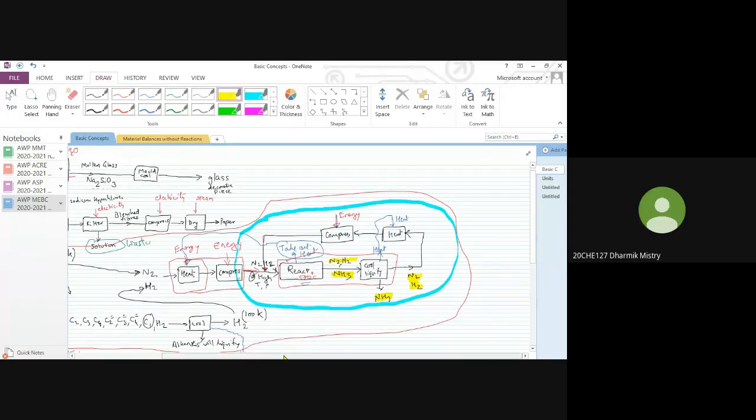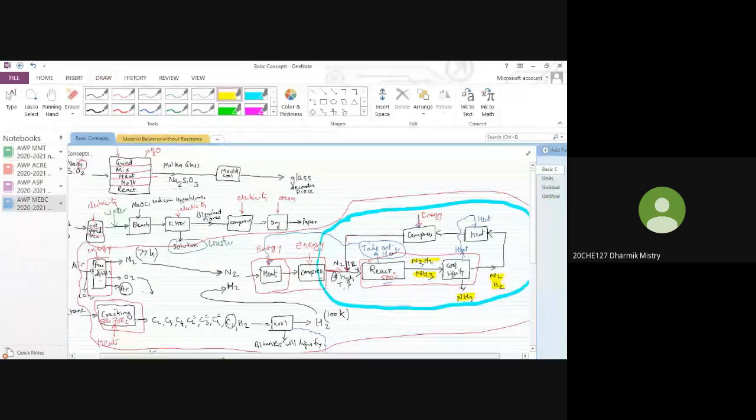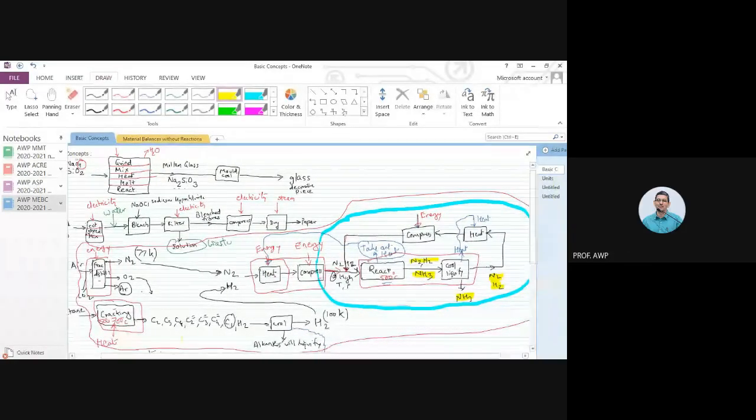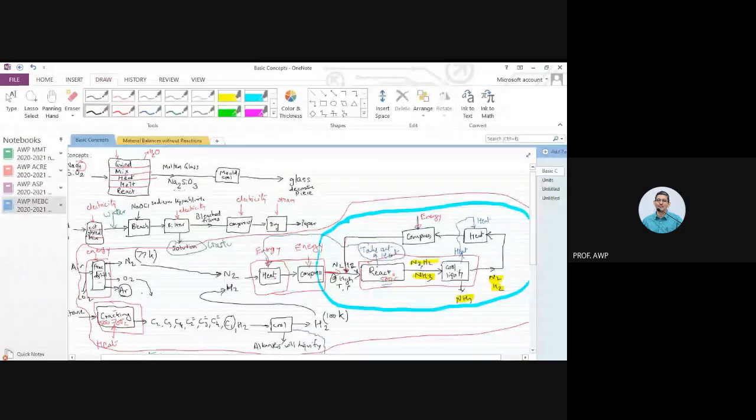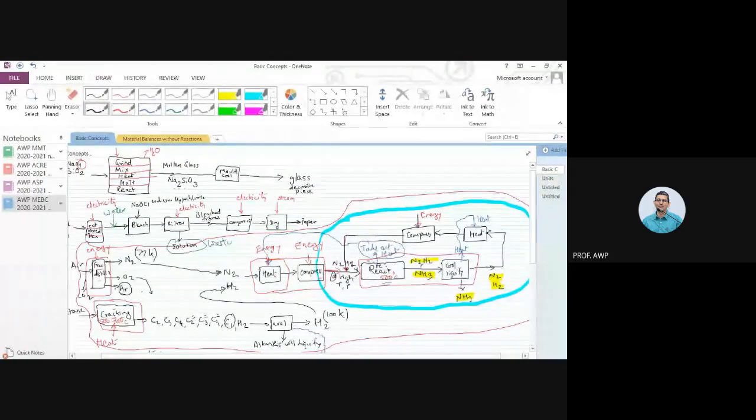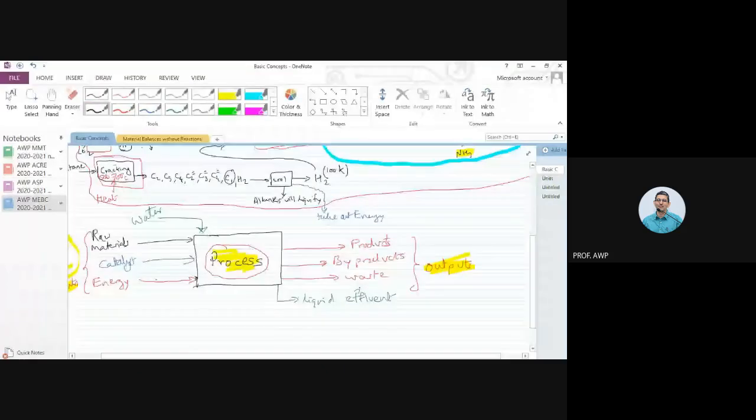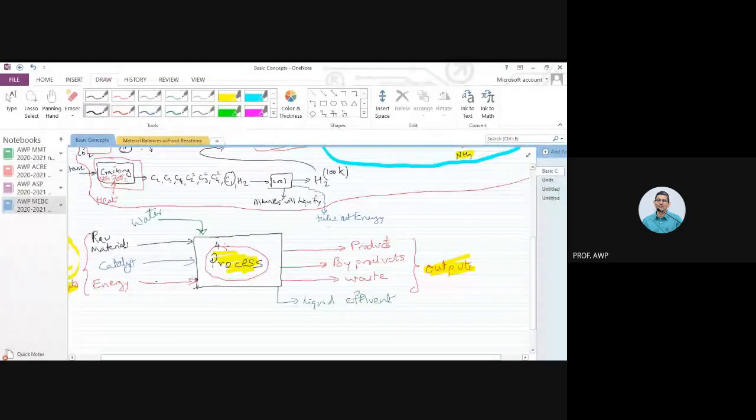The pressure conditions, the catalyst used, and all those things. The catalyst, all right. So we can write the catalyst here, iron catalyst. In this process, I can write brief contents: this process involves 400 degrees centigrade, 500 bar pressure.